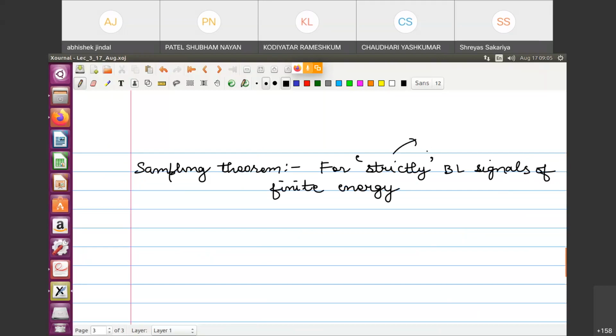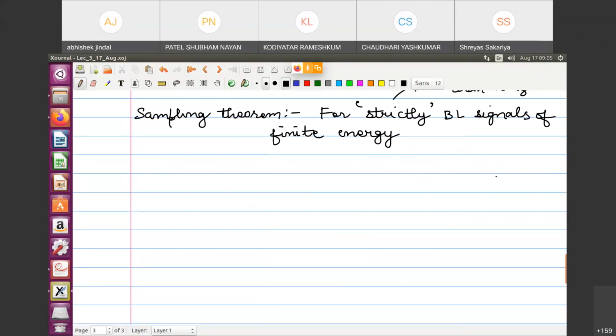What is the meaning of this? Let me write it down. No component higher than W hertz. Okay, this you must know. So there are two ways to write this.